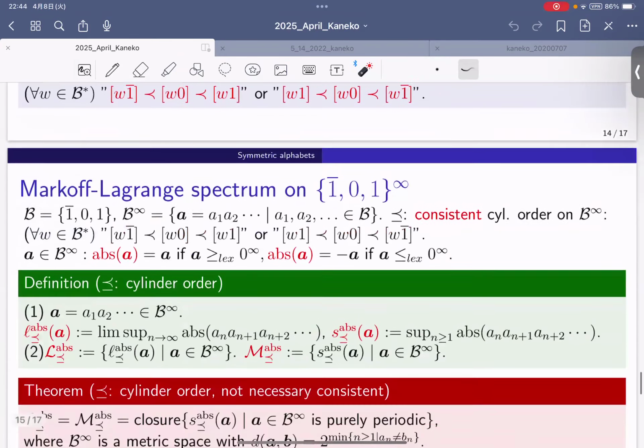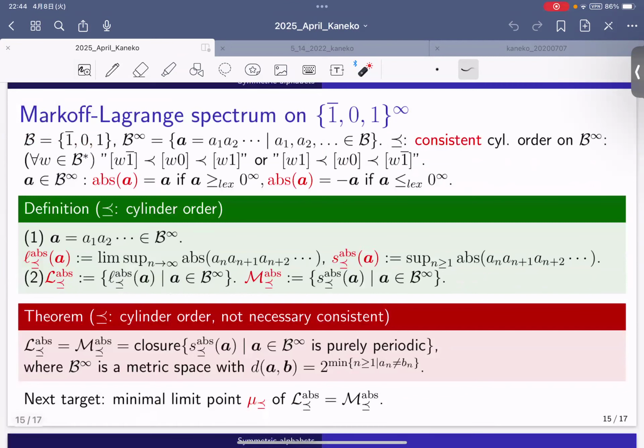So we also consider the absolute value version of limit subwords, the absolute value version of subwords, the absolute value version of the Lagrange spectrum and the absolute value version of the Markov spectrum.